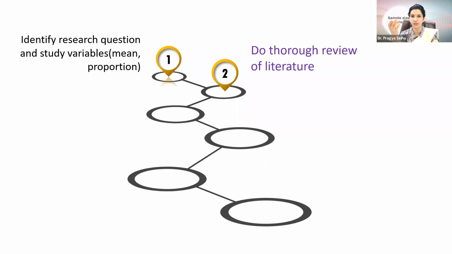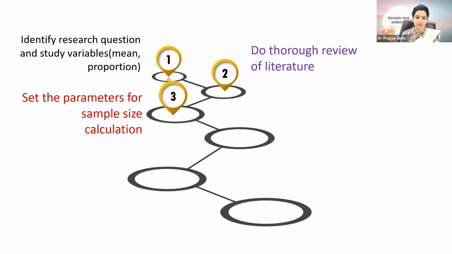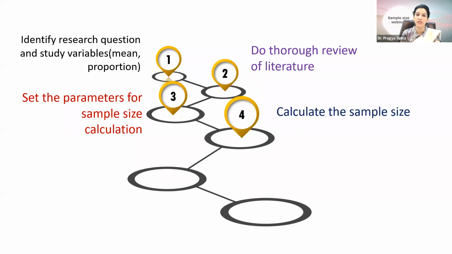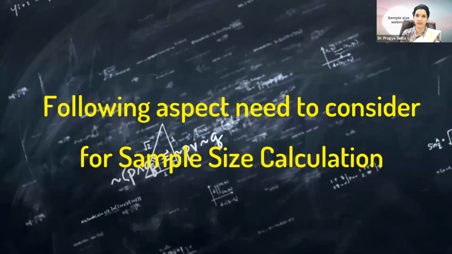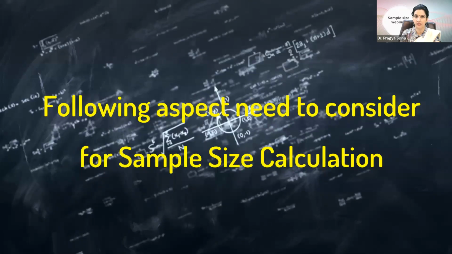You do the literature review, search for the margin, and then take a margin maybe after expert consultation or a meeting with experts and the committee. Then you set the parameters for the sample size calculation, on the basis of your consultation and the literature review. You calculate the sample size, then you do the adjustment if it is needed, and then you do the write-up.